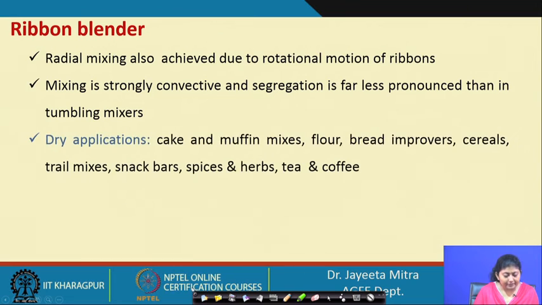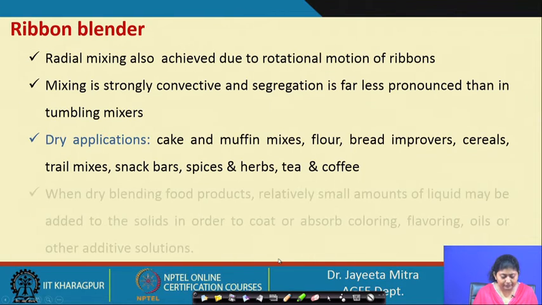For dry applications, this is used for cake and muffin mixes, flour, bread improvers, cereals, trail mixes, snack bars, spices and herbs, tea and coffee.